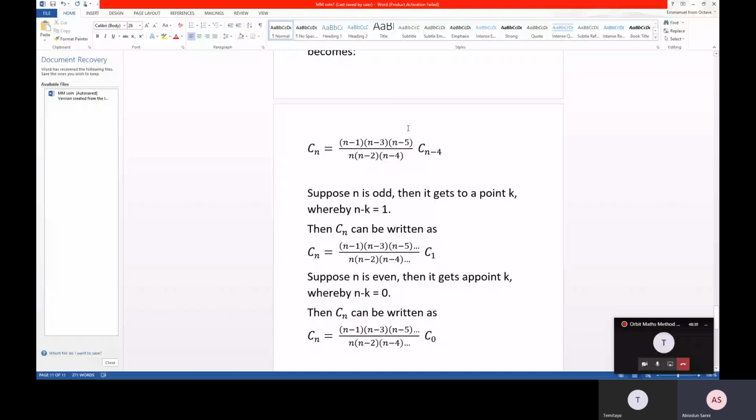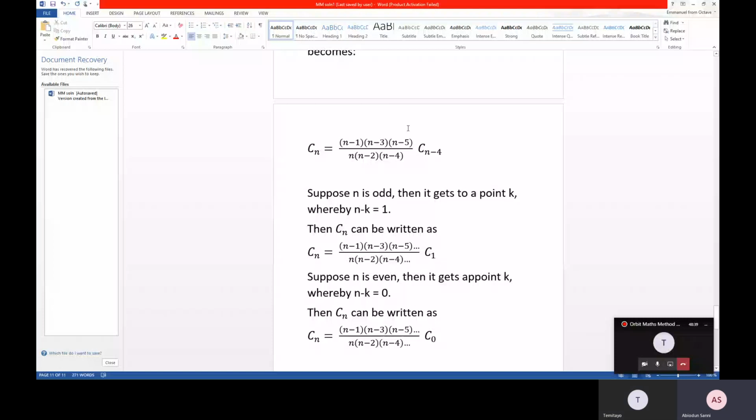So we are able to generalize our Cn problem. First of all, obtain the formula for Cn, which has different values for different cases. So we are able to generalize the formula for Cn: the case when n is odd and the case when n is even.